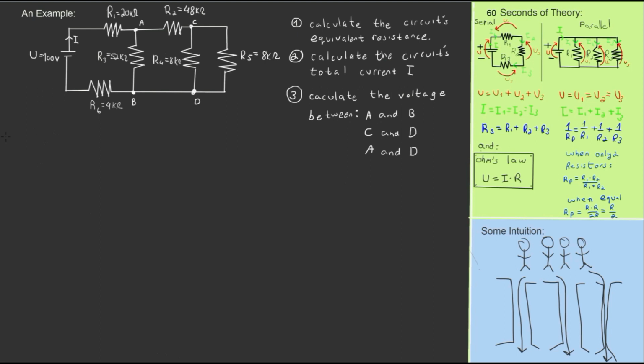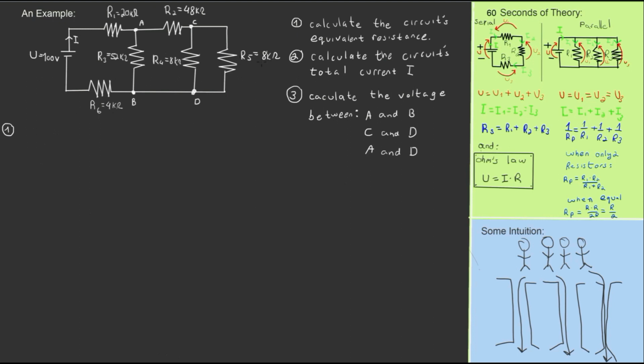As you'll see, calculating equivalent resistance is somewhat like peeling an onion. You start from the outside and you make your way inside. Unlike peeling an onion, it makes a lot of sense to keep the different layers that you go through. So let's start by checking how can I start to simplify this circuit.